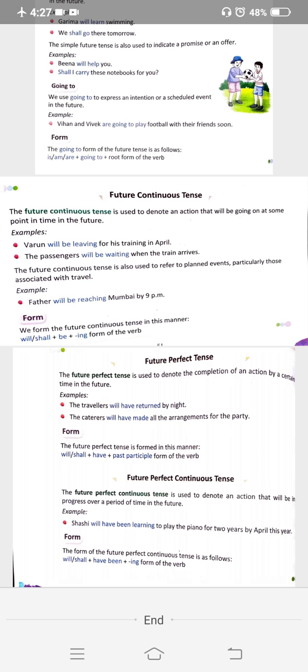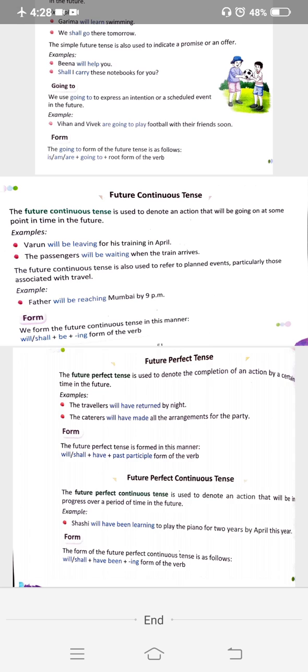Here we are telling somebody that Varun will be leaving for his training in April. The passengers will be waiting when the train arrives.